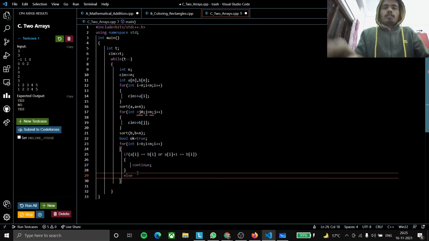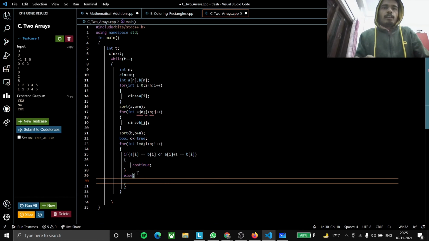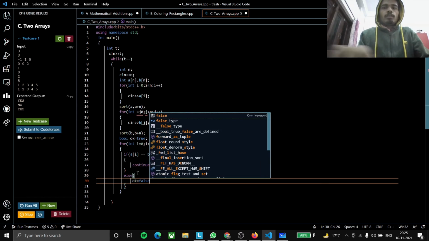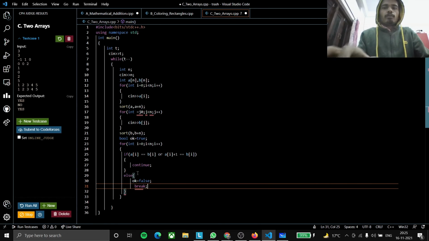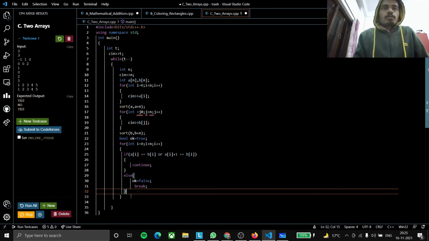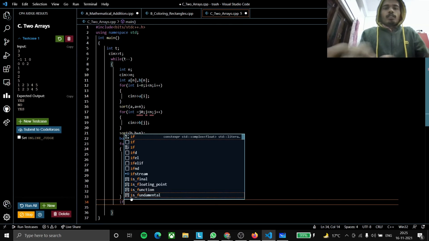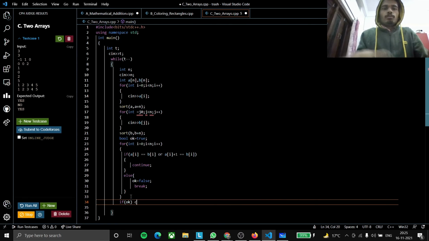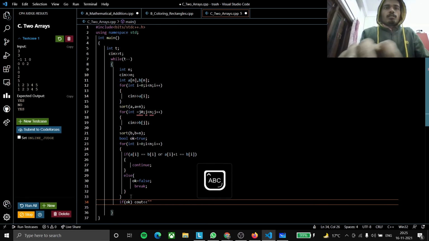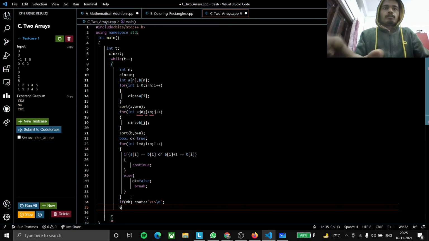Otherwise I put ok equal to false and break from here. Now if ok is true, I can print yes, and else print no.